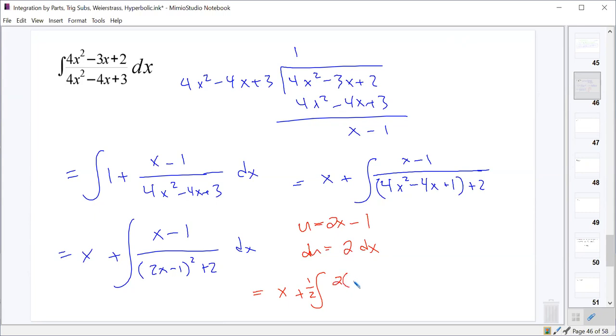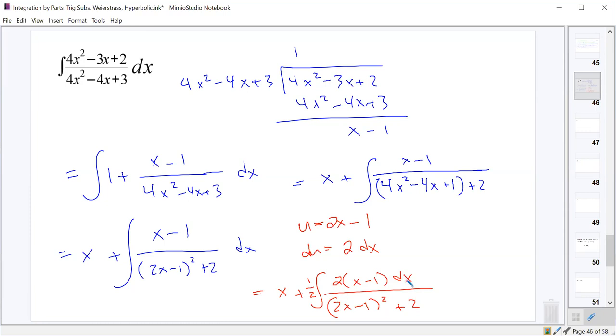So we'll put 2 times our x minus 1 times our dx over 2x minus 1 squared plus 2. Everybody agree with that so far? Yeah, that's all true. Okay, all right, so then what can I do with this?